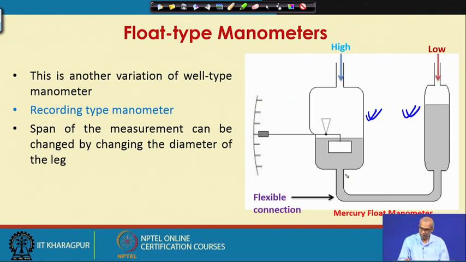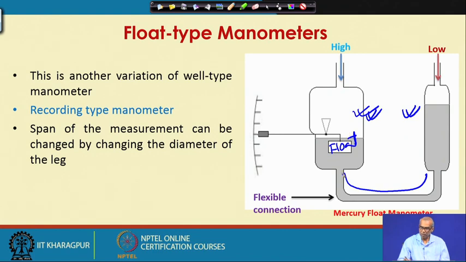These two are connected by a flexible connection. Now, the diameter of this leg is higher and you can place a float inside this.